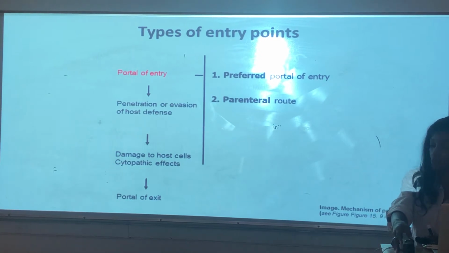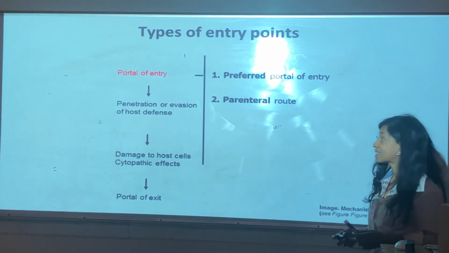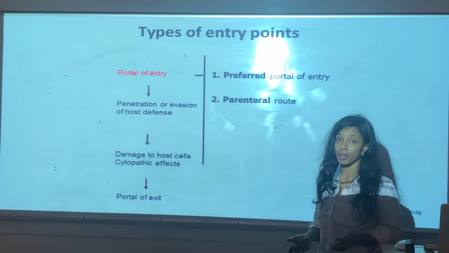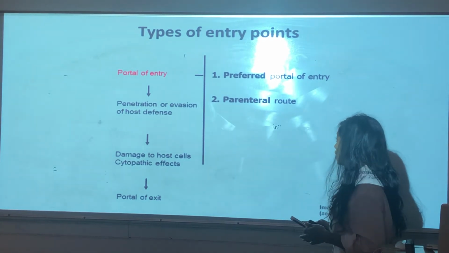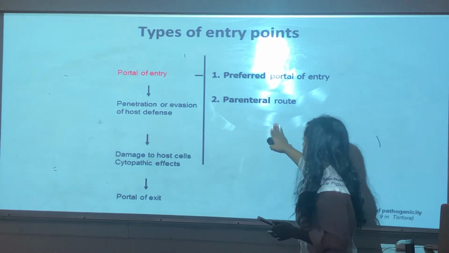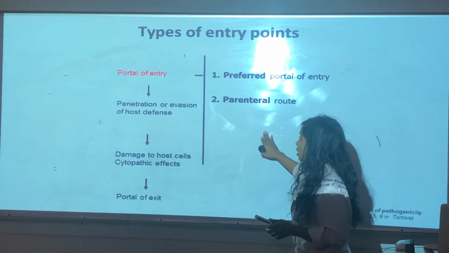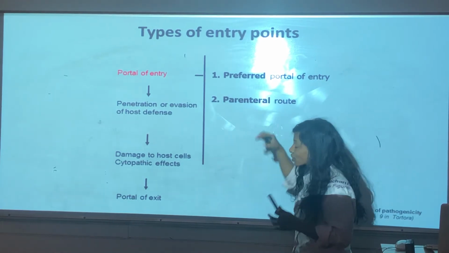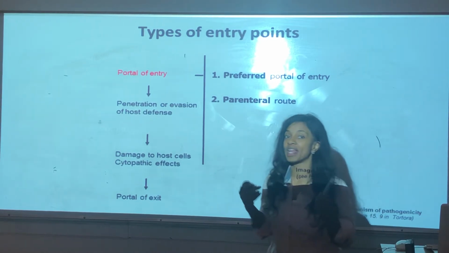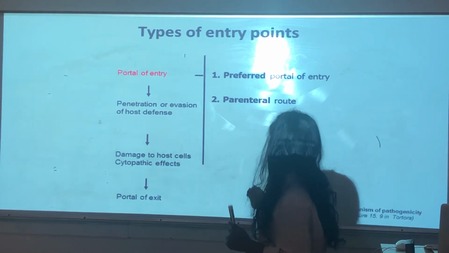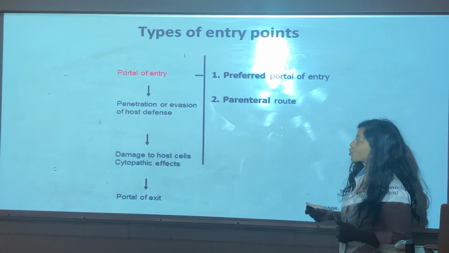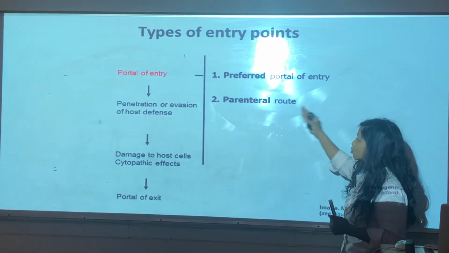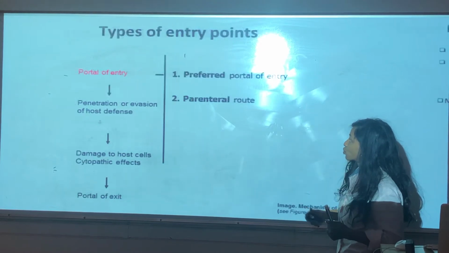So remember, one of the most important things is attachment, and attachment is not anywhere. Each cell has its specific area of attachment, and we are now going to separate the attachment sites into the preferred and parenteral portal of entry. What do we mean by the preferred portal of entry and the parenteral route?